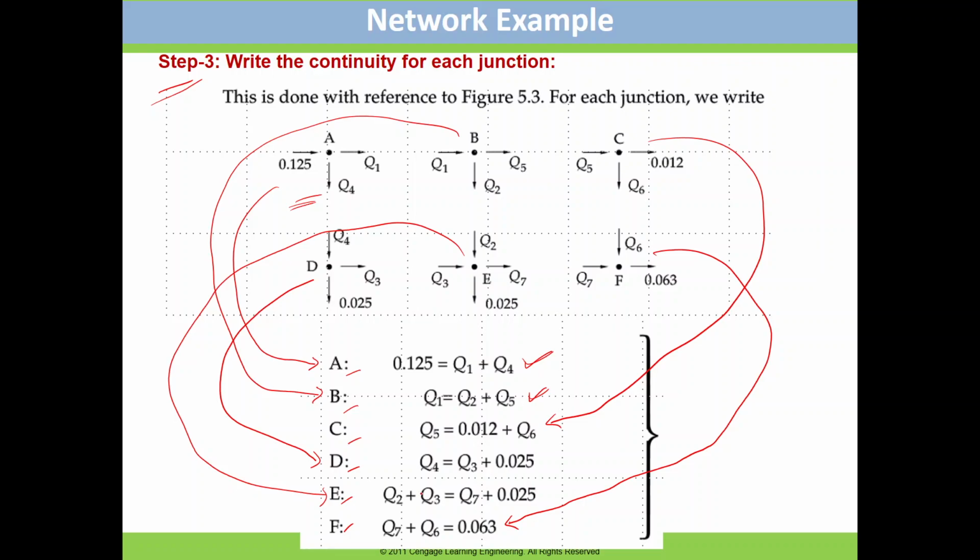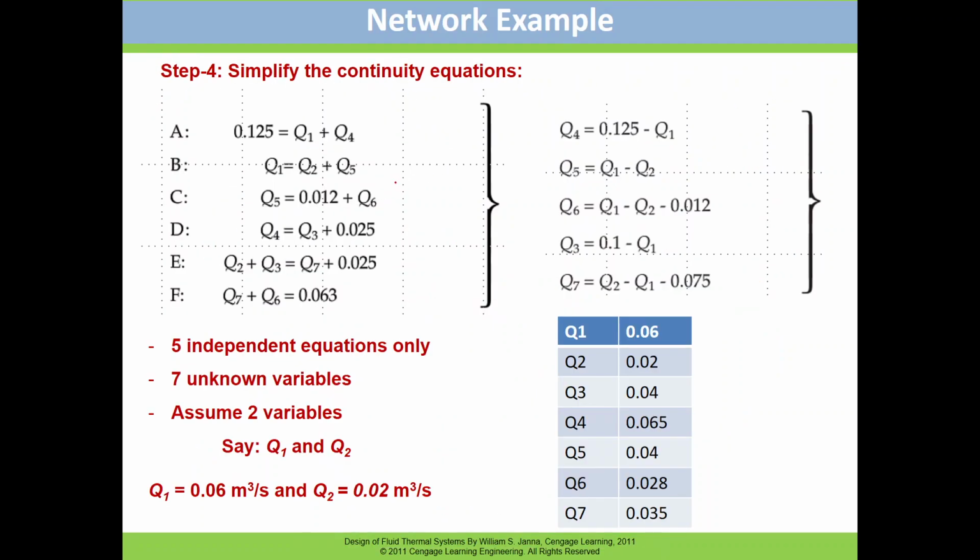Now we need to simplify these equations because we want to solve them. If you write the simplification in this form, the unknowns are Q1, 2, 3, 4, 5, 6, 7, up to 7, so we can write the later one in terms of the previous one. Q4 in terms of Q1, since Q1 is in the equation.